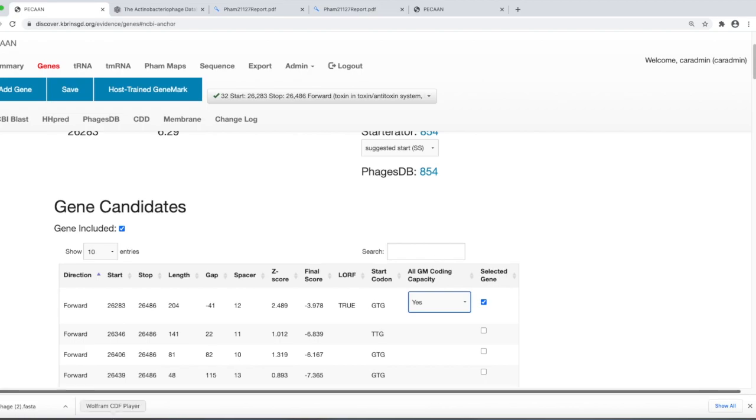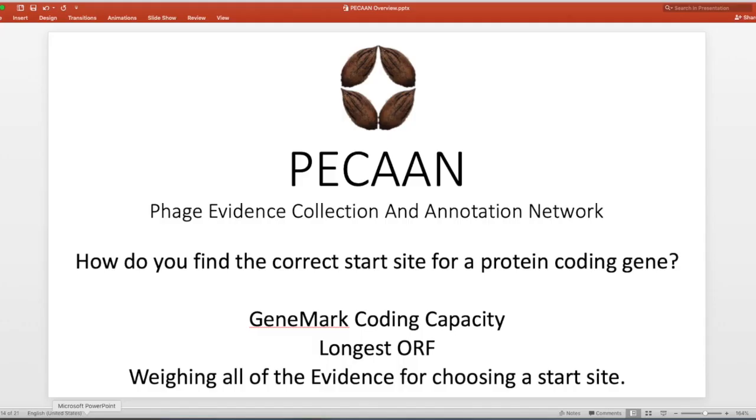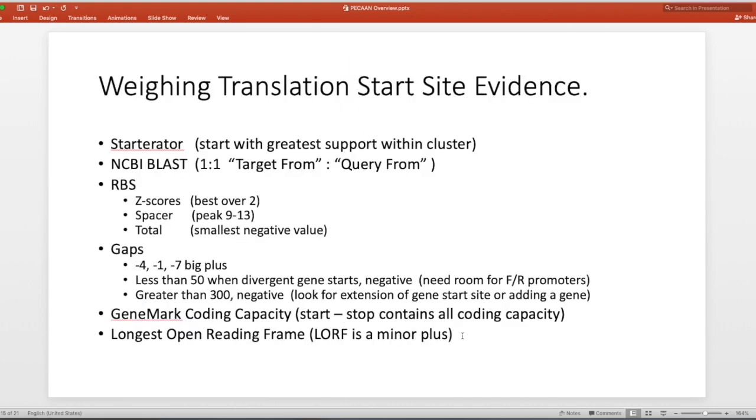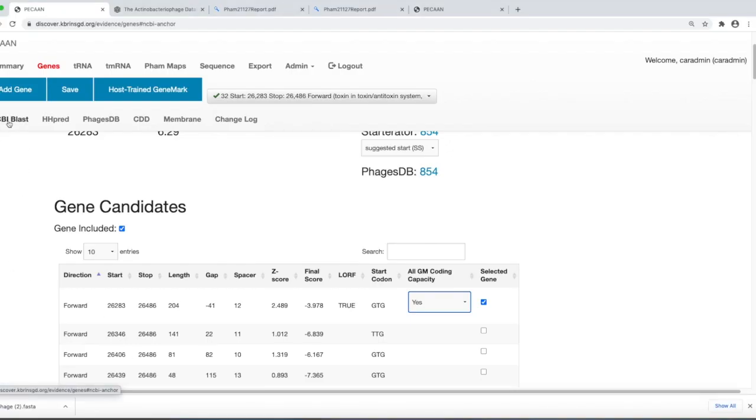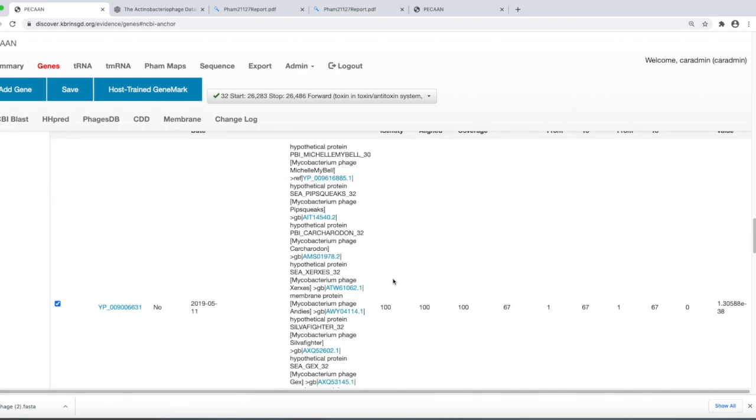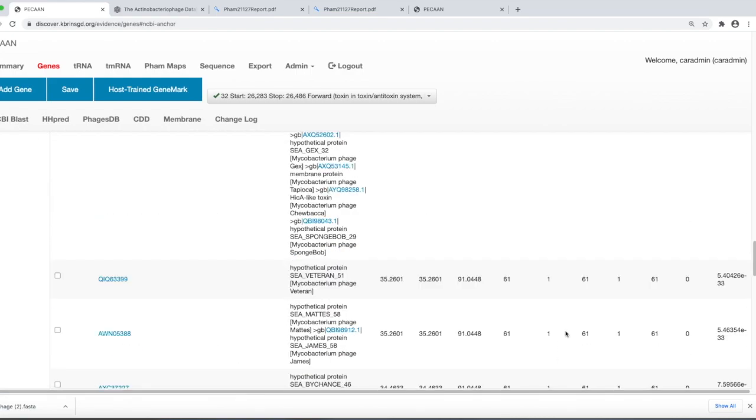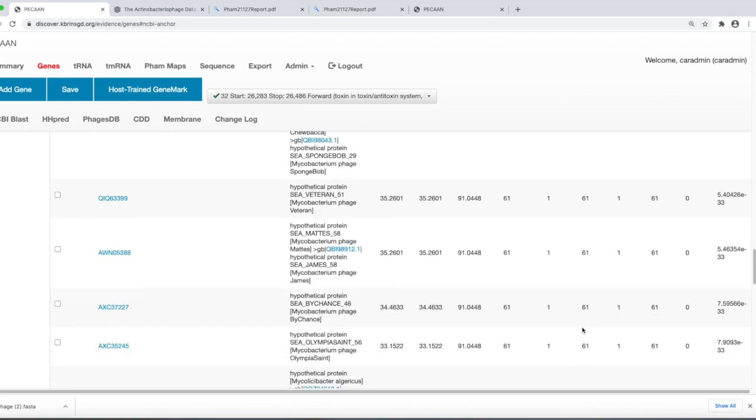So let's go back and take a look at a summary here. When we're weighing all the information, we look at the Starterator information. Is it a plus? Okay. The NCBI is going to match this Starterator, and if it's 1-to-1, I'm sure those are 1-to-1. We can go look, but I'm pretty sure it is close to 1-to-1. Scroll down here. Yep, 1-to-1. Lots of 1-to-1s.